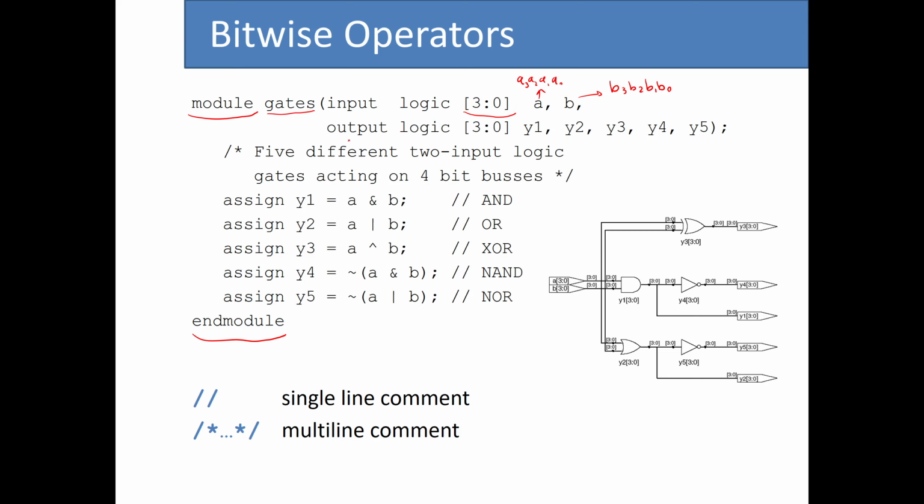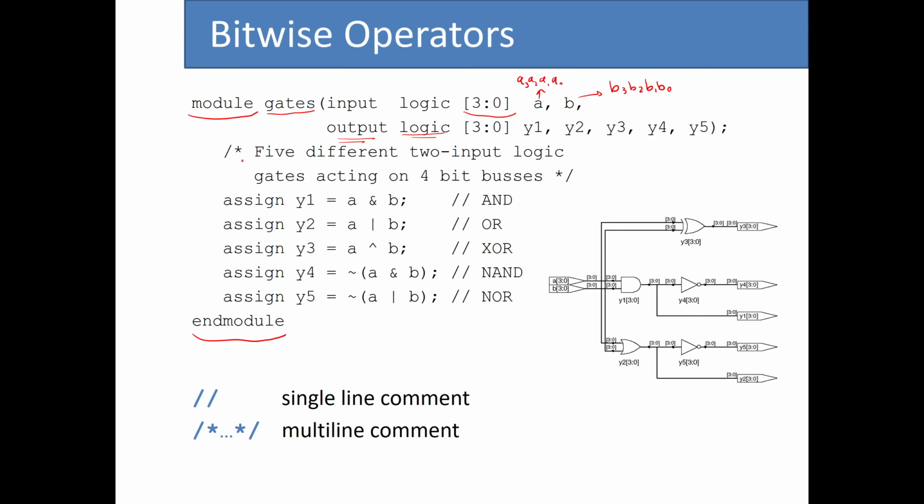As for specifying the outputs, we have the keyword output, then logic. Output specifies that now we are trying to define the set of outputs of our module. Logic specifies that the outputs are logic values, and then, similarly as we did with the inputs, the outputs are all 4-bit values too.